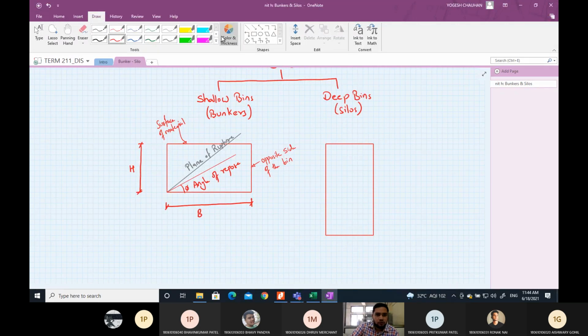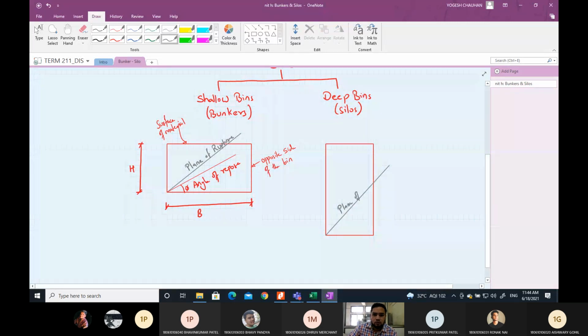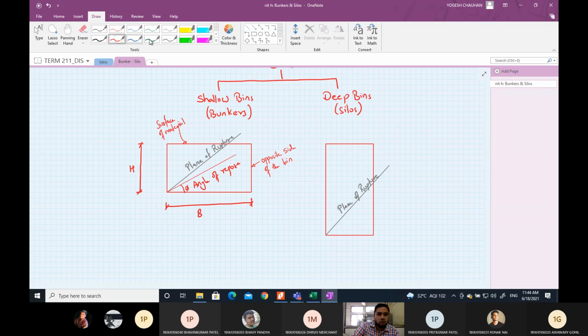Whereas in case of silo, this is the plane of rupture. This is the angle of repose.